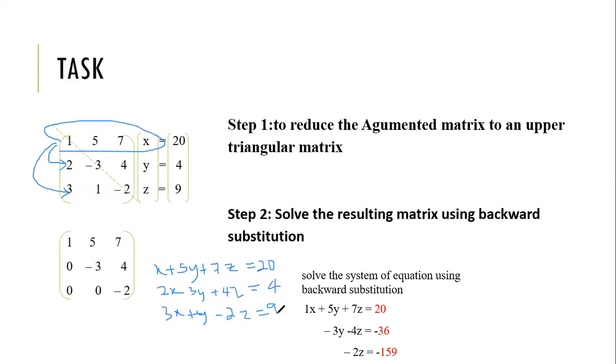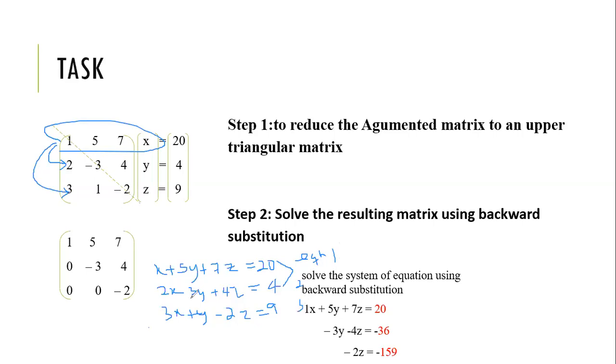If I ask you to solve the system of equations using elimination, then what you do is you take two equations at a time. So this is equation 1, equation 2, and then this is equation 3.